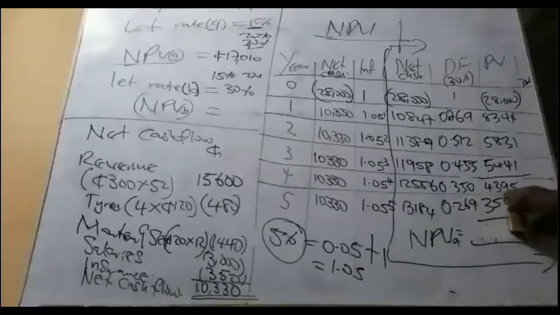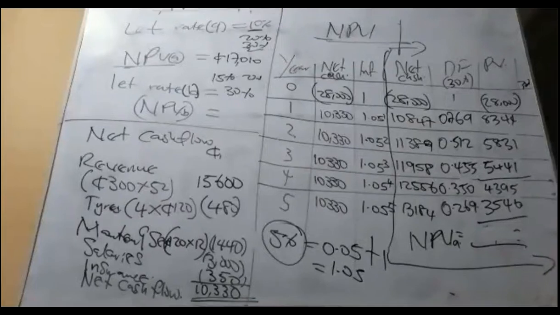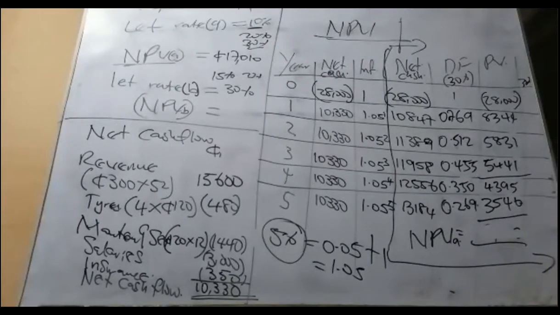Putting all together, that's minus 28,000 plus 8341 plus 5831 plus 5441 plus 4395 plus 3546.